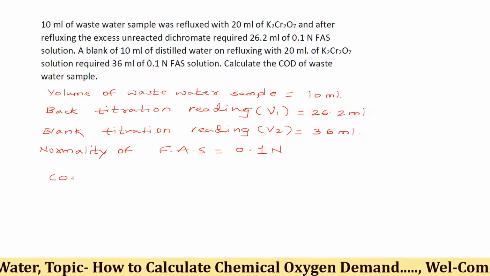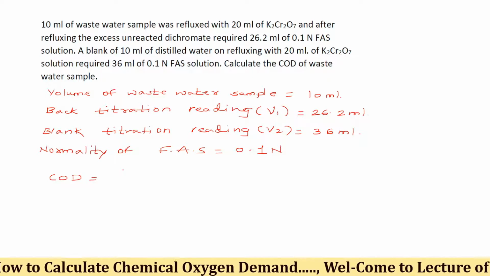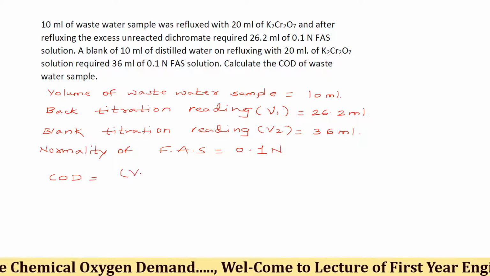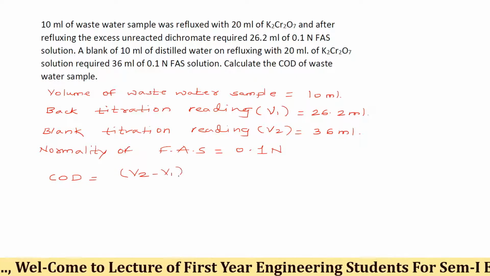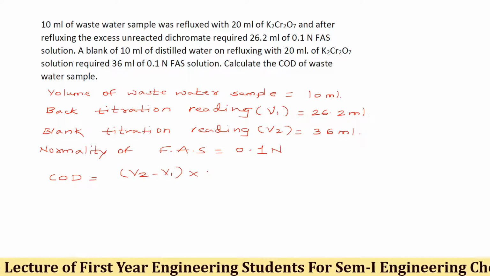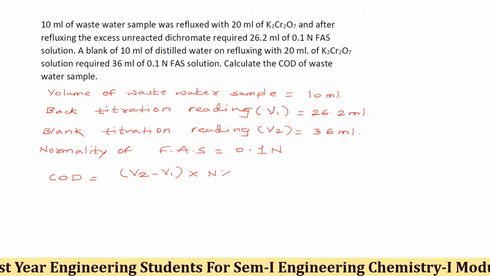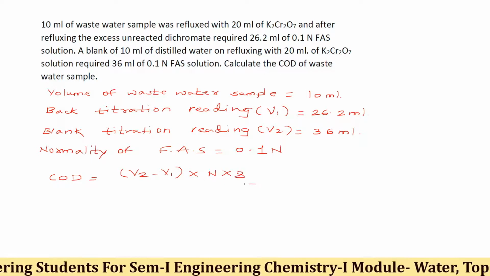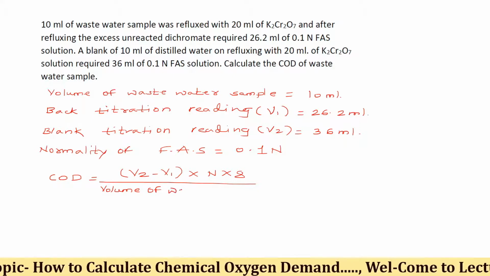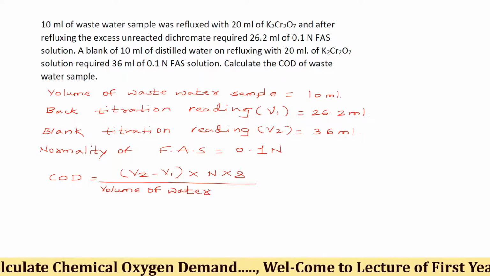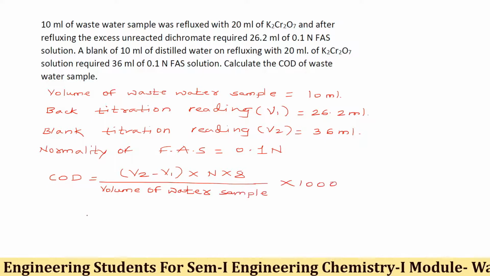So chemical oxygen demand is (V2 minus V1) into N into 8 upon volume of water sample into 1000.